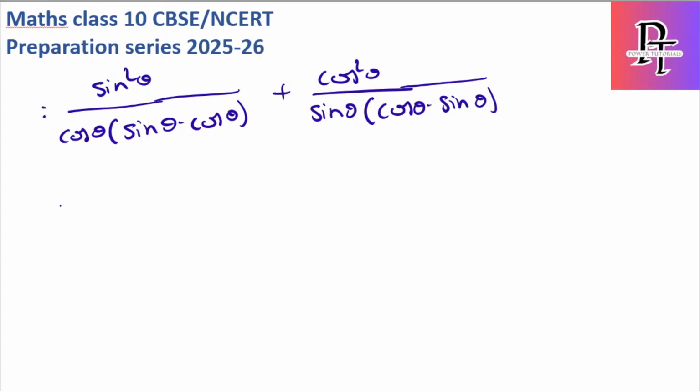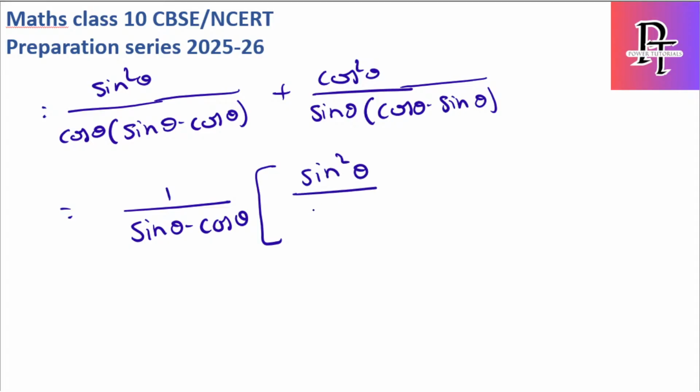Okay, now if I take 1 by sine theta cos theta as common, so now this becomes 1 by sine theta minus cos theta. If I take it as common, what will it become? It becomes sine square theta by cos theta minus cos square theta by sine theta.